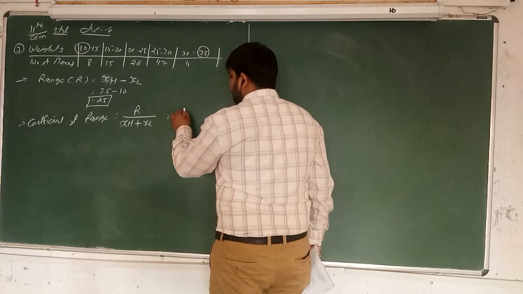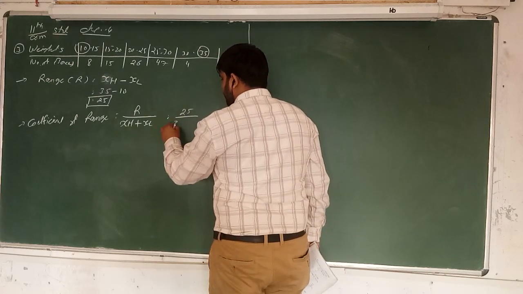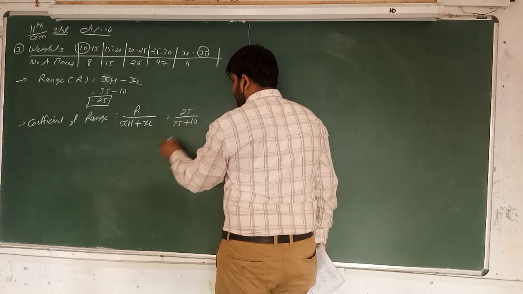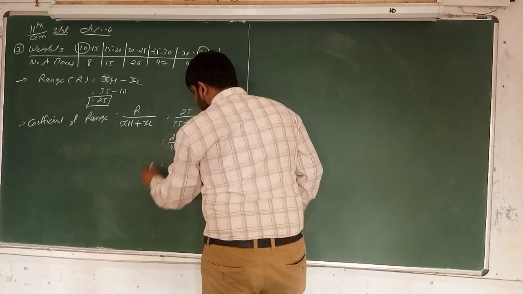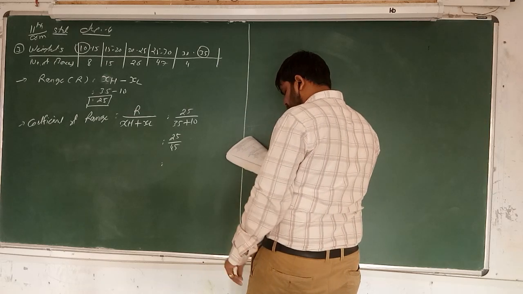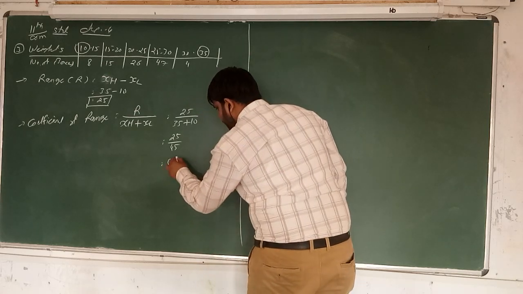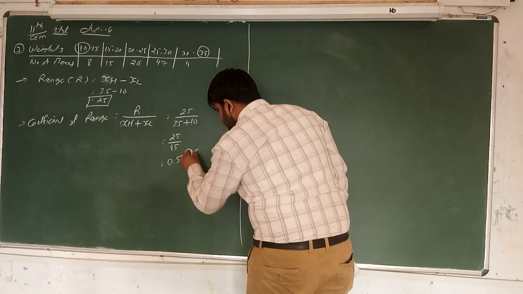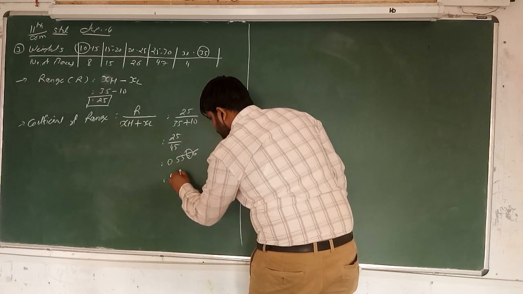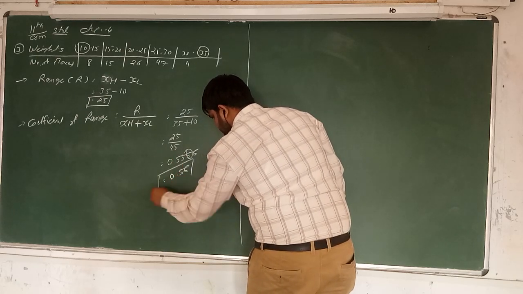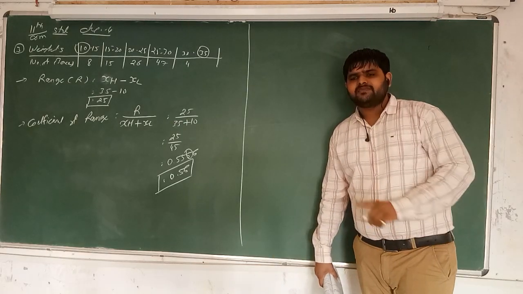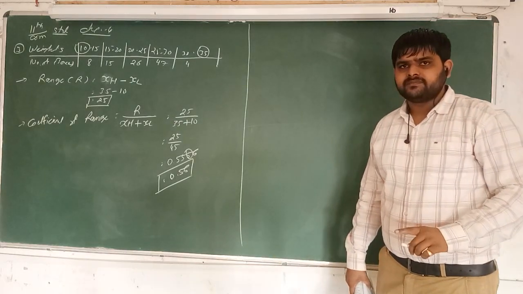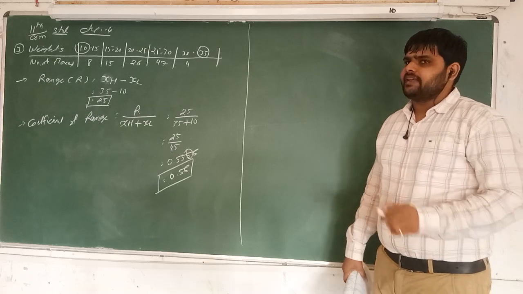So 25 divided by 35 plus 10, that is 25 divided by 45. The value of 25 divided by 45 is 0.5556. The third digit is 5, so it is 0.56. So this is your example number 3. See, it is very easy, very important, and very easy to calculate.